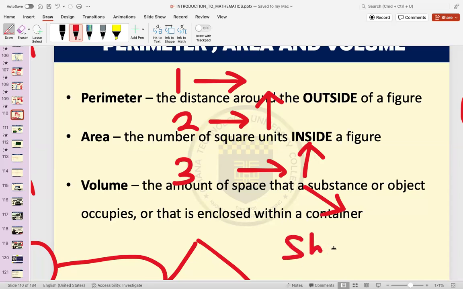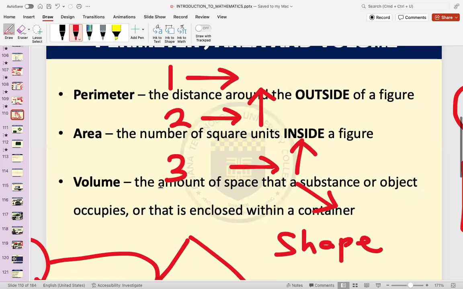Every shape you want to manufacture is controlled by these three dimensions: perimeter, area, volume. And you get to realize that every time you are calculating perimeter, if it's centimeters, you see only centimeters at the back of the answer because it's one direction. If it's area, it will move to centimeters squared, where the square is telling you that you are dealing with two directions.